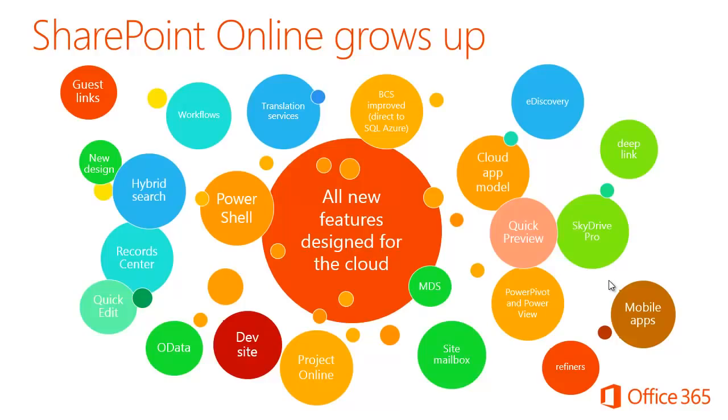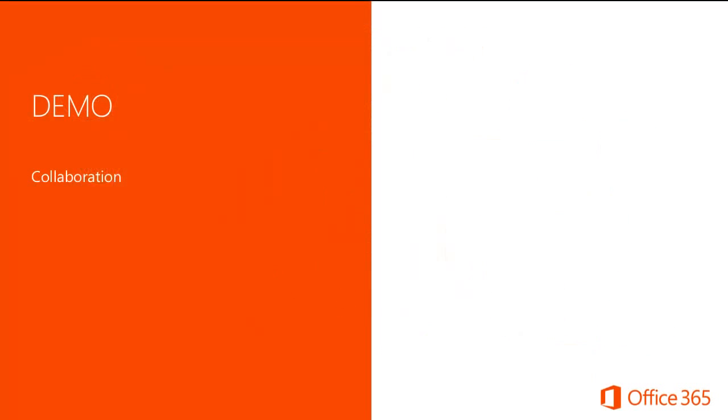We even have powerful Business Connectivity Services. We have apps, we have Site Mailbox, we have now SkyDrive Professional and mobile apps. During this web seminar, we will see many demos about these specific features and options. In the next minutes, we will see together a demo about collaboration in SharePoint Online.